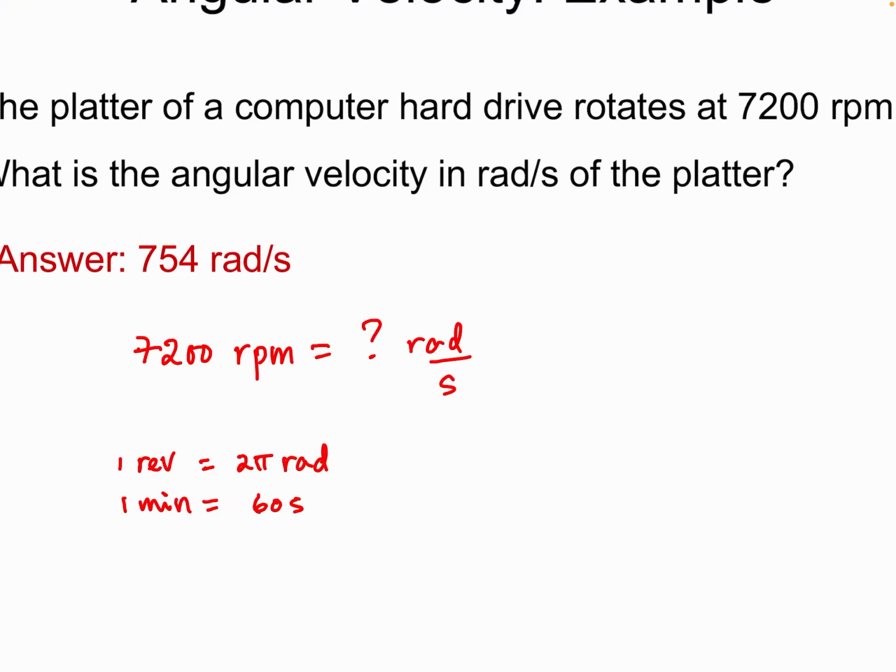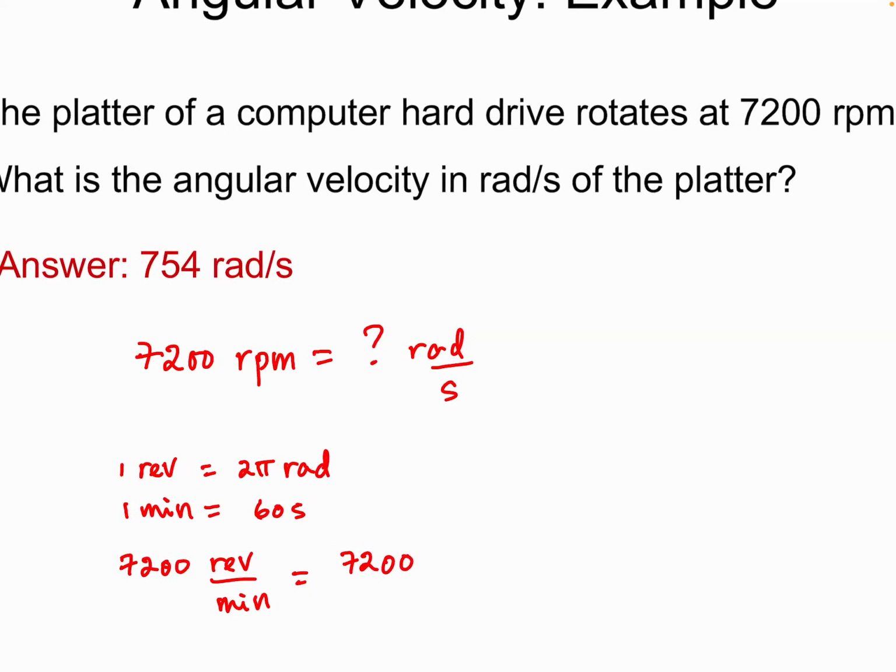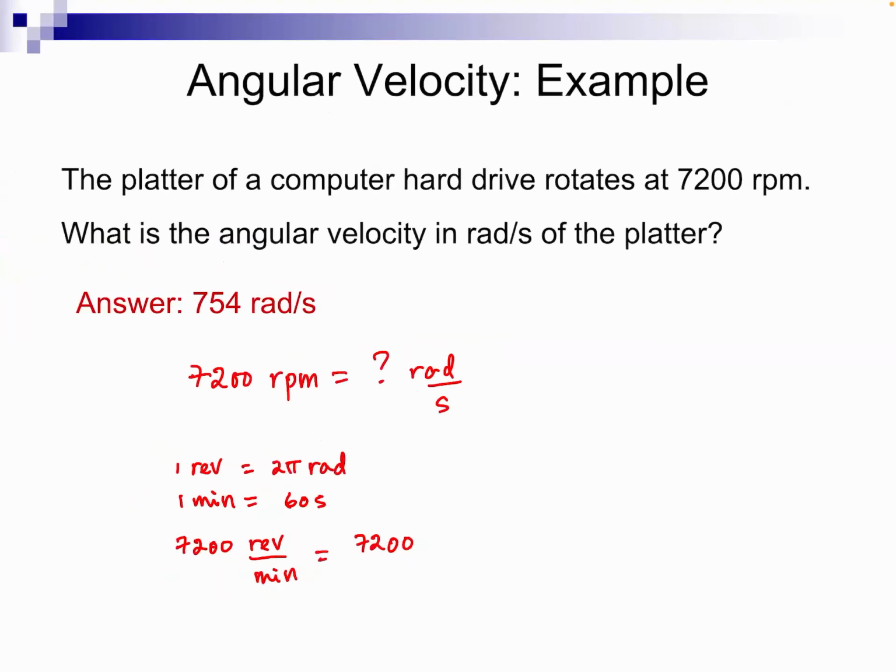So if we convert 7,200 revolutions per minute, then that will be 7,200. We don't want revolutions, we want radians. So we replace revolutions by the conversion factor. 1 revolution is 2 pi radians.